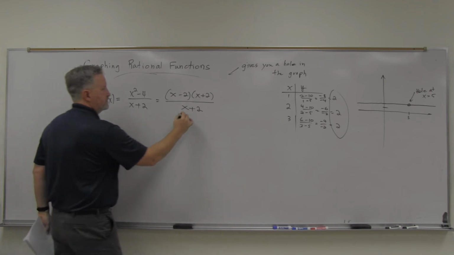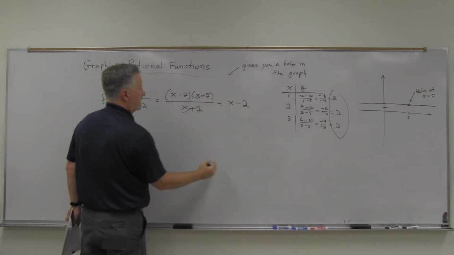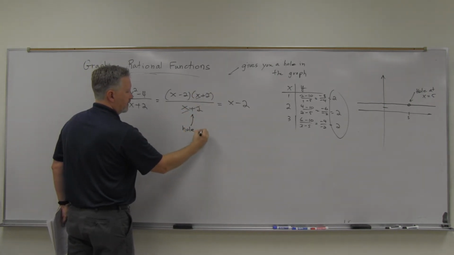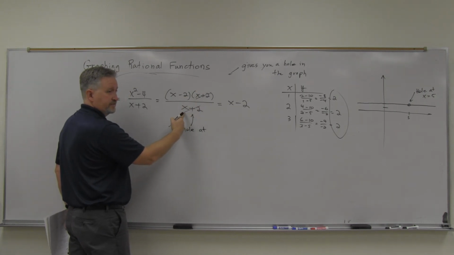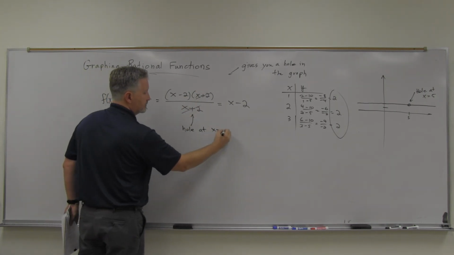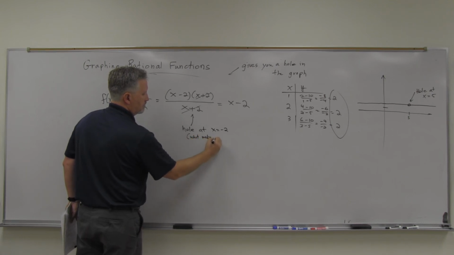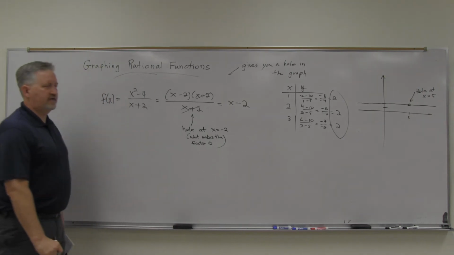So the x plus 2 do cancel. It just leaves me x minus 2, but what does this leave me? That's a hole at where? Negative 2, right? What makes the bottom 0? So it'll be at negative 2.